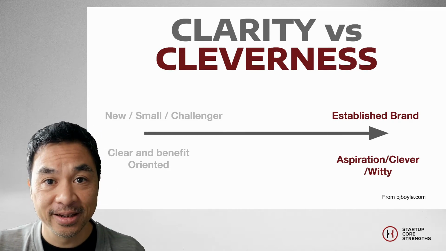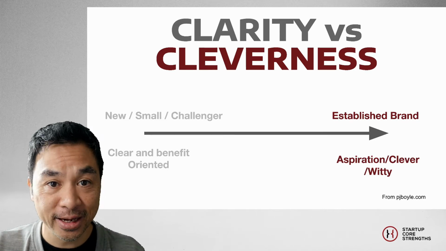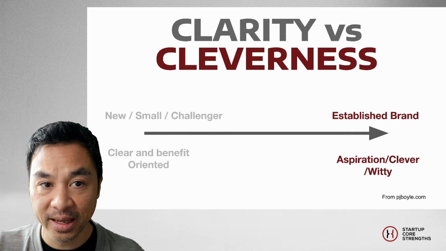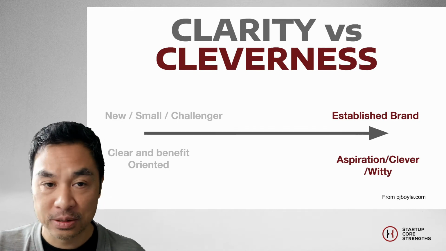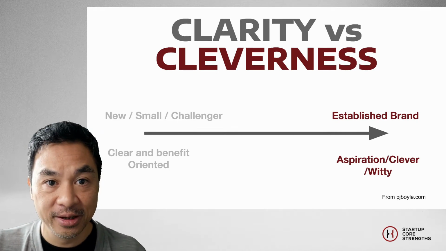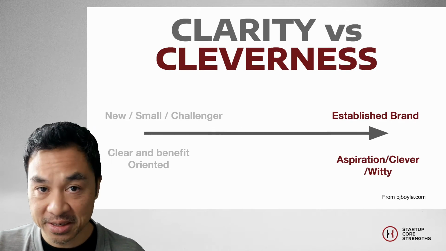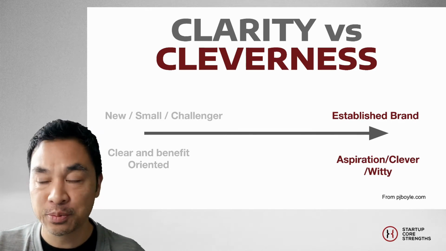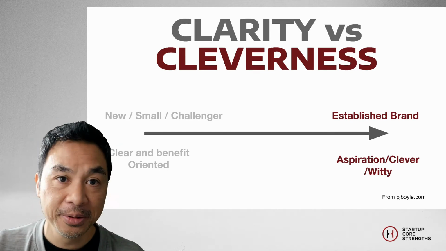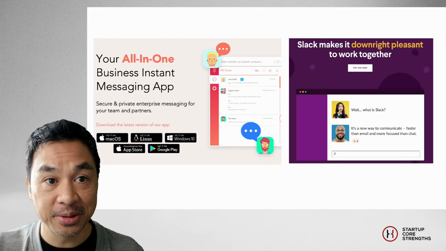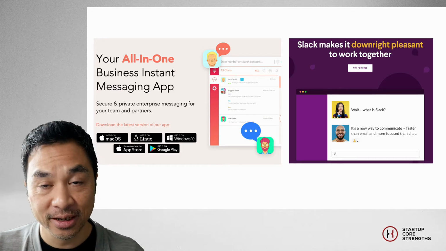It's because the established brands, the incumbents, everybody and their mother knows who they are. And if you are a new, small, upstart challenger brand, you're going to have to be extremely clear and benefit oriented, right? These established brands can afford to be aspirational, clever, witty. So let me give you an example of this. On the left, you clearly see is a challenger, and they're pretty clear.